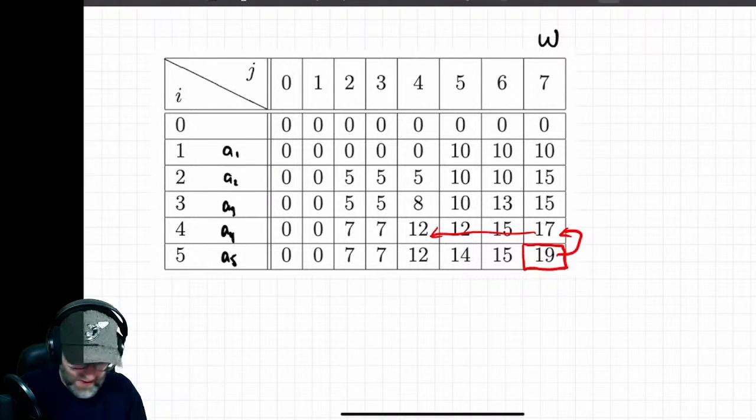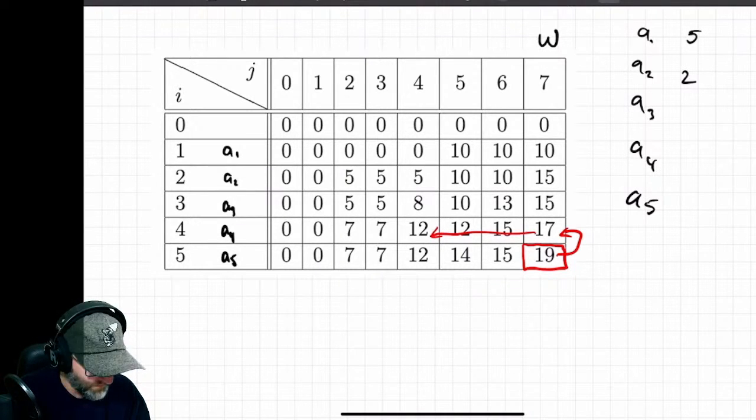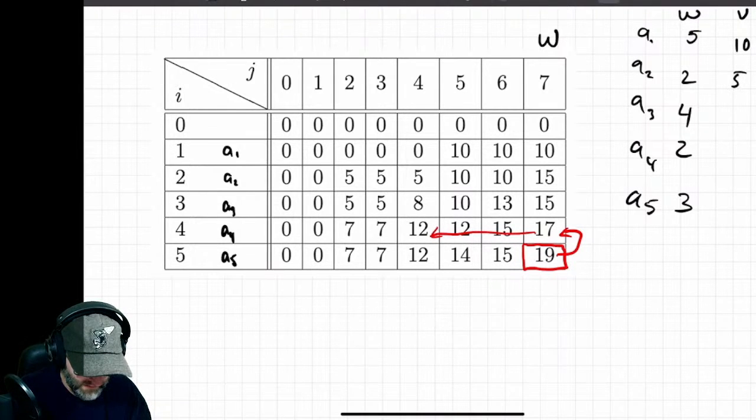Remember the actual input to this was A1, A2, A3, A4, A5. It had weights 5, 2, 4, 2, and 3. These are the weights, and these are the values: 10, 5, 8, 7, and 7. There we go.